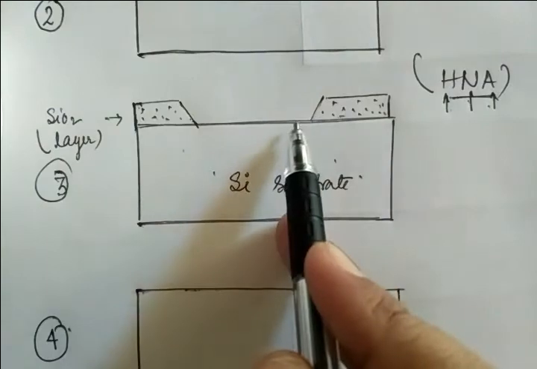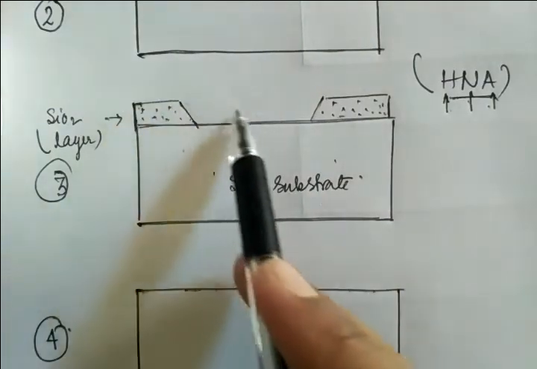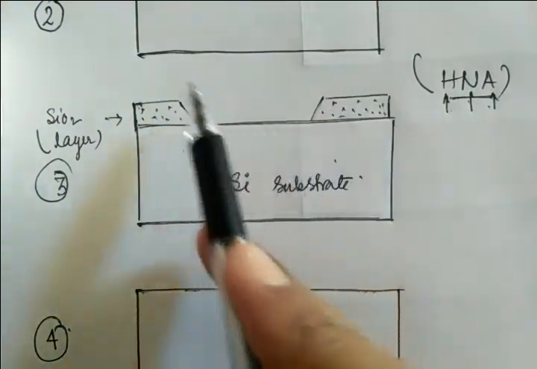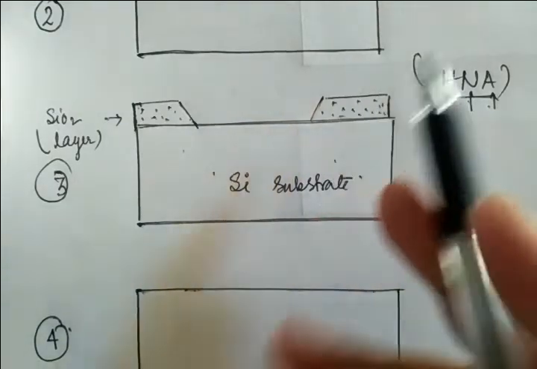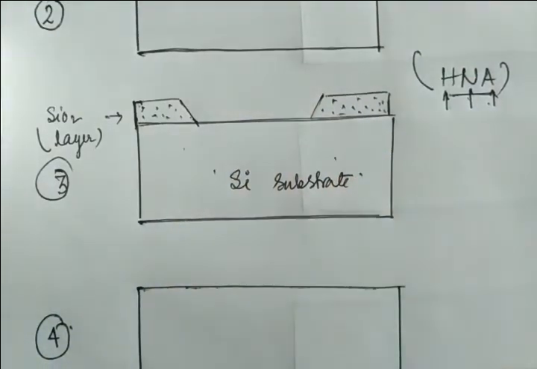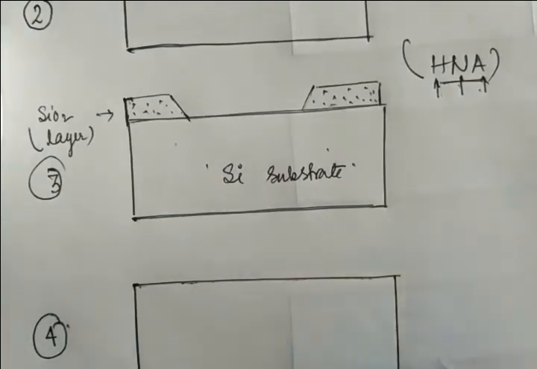So the entire region will be covered by the oxide layer, and then we have to selectively etch the portion to make the gate terminal. So how we can do that?